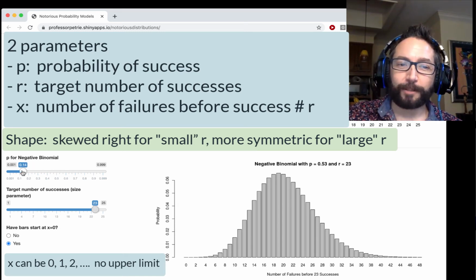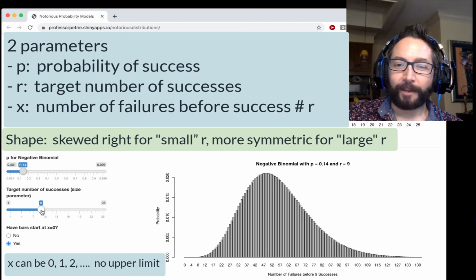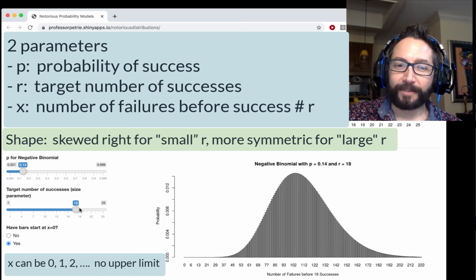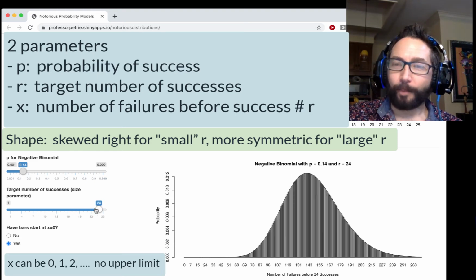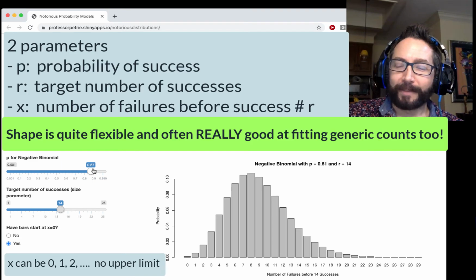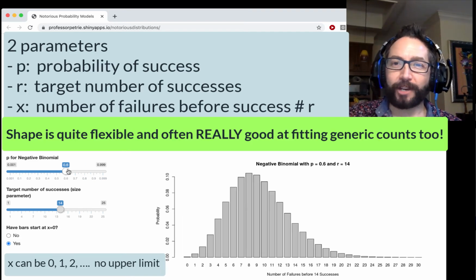We can see, as we decrease the target number of successes, this distribution gets more and more skewed. As we increase that target number of successes r, it becomes a bit more and more symmetric. So this negative binomial, and this will be important in a second here, actually has a pretty wide variety of shapes.